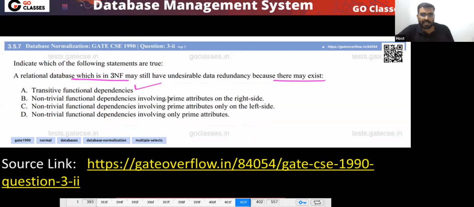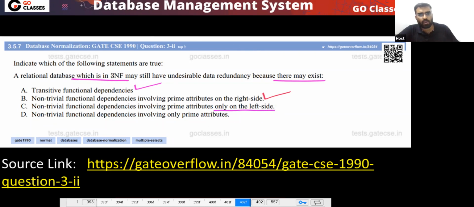Non-trivial functional dependency involving prime attributes on the right hand side. This is also fine, right? No problem. Okay, non-trivial functional dependencies involving prime attributes only on LHS.